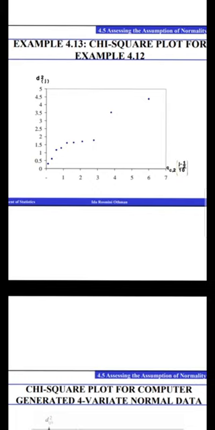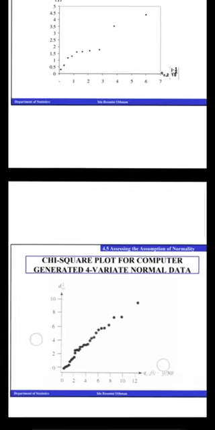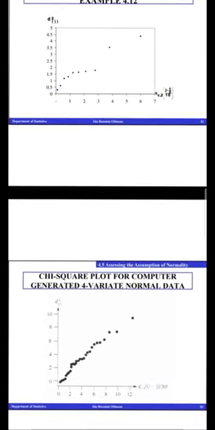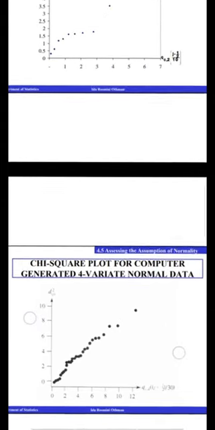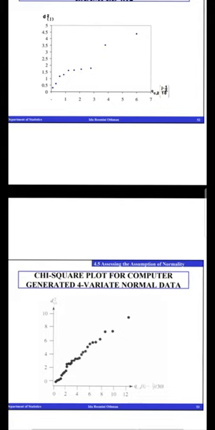Alright. Okay, so kat bawah ni another example here adalah example for when we want to know whether the four variate are normal or not. Four variate normality here.